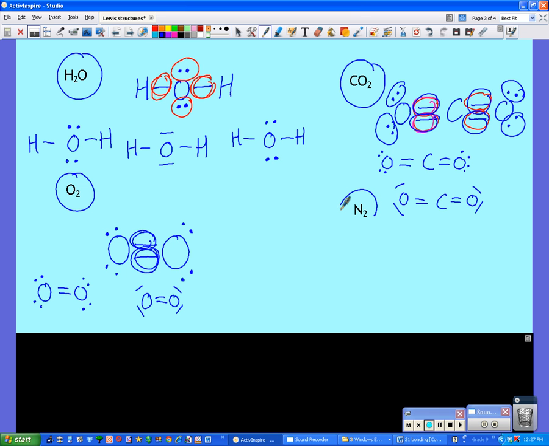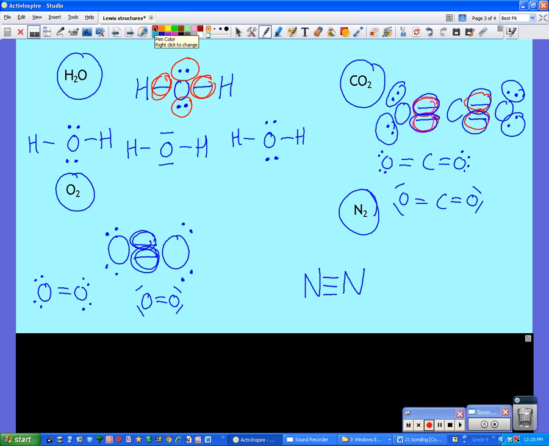Nitrogen, thank you, Mr. Brinkelhoff. Diatomic again. Nitrogen is in group 5. There's 5 electrons in its outer shell, so it needs 3, which can be obtained by sharing 3 electrons with each other atom. So there's the triple bond, the 3 covalent bonds.